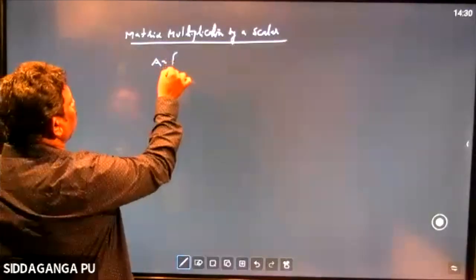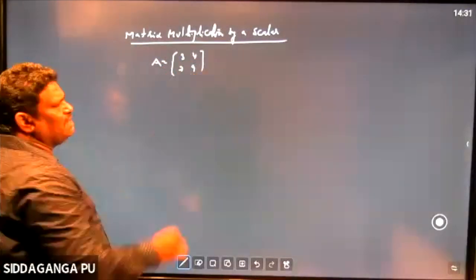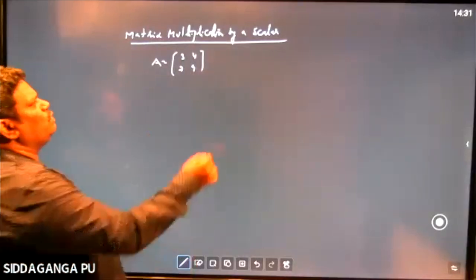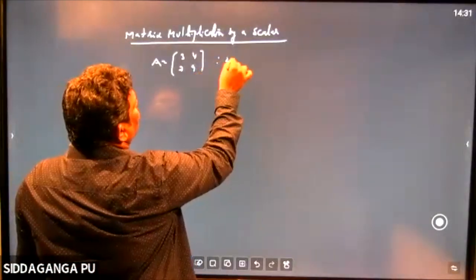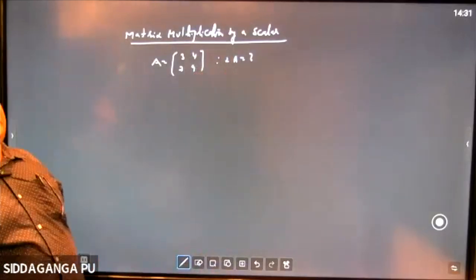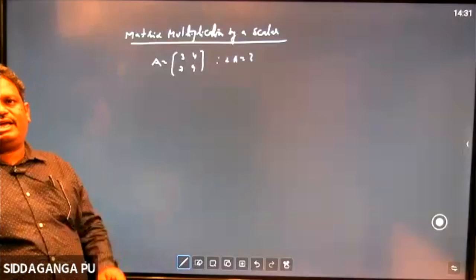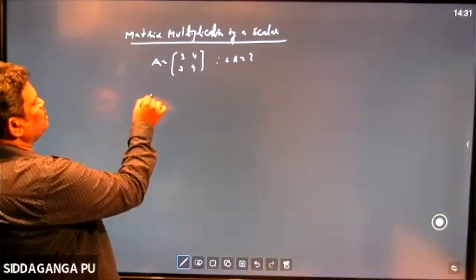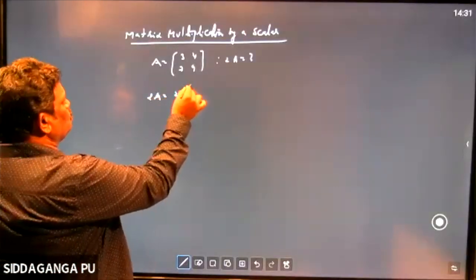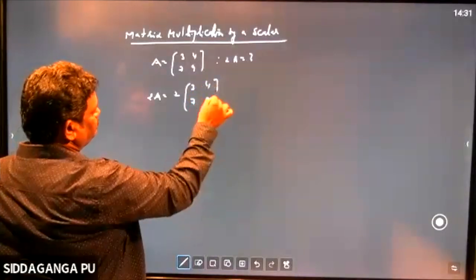Suppose A is equal to 3, 4, 7, 9 is given. Now we want to find the value of 2A. Here, simply remember, one matrix is multiplied by a number, that is the scalar. So 2 into A means 2 into 3, 4, 7, 9.